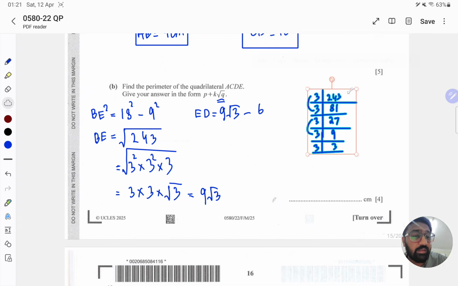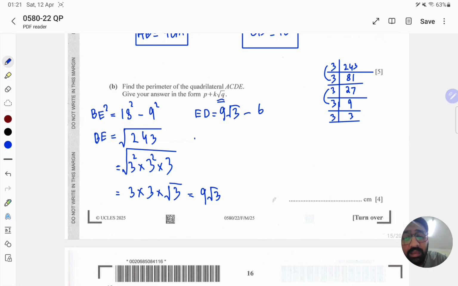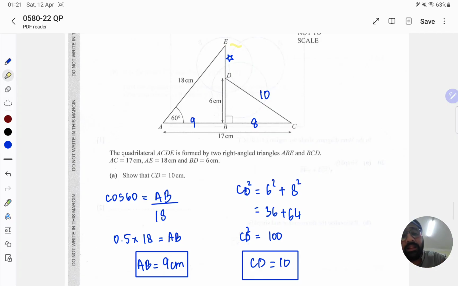We need to find the perimeter. So perimeter is the sum of all the outer sides. I repeat, sum of all the outer sides. So outer sides are, let me highlight them over here for your ease. This, this, this, and this.